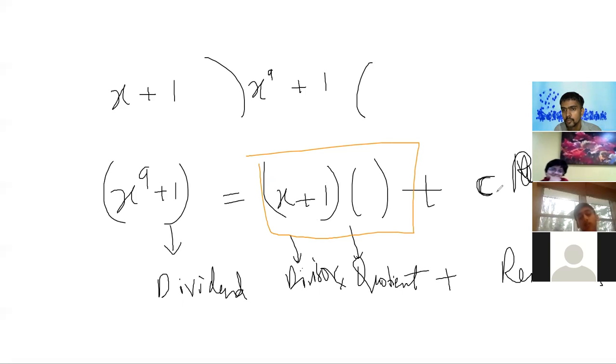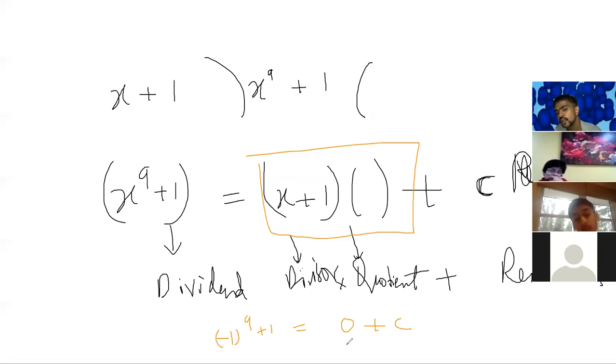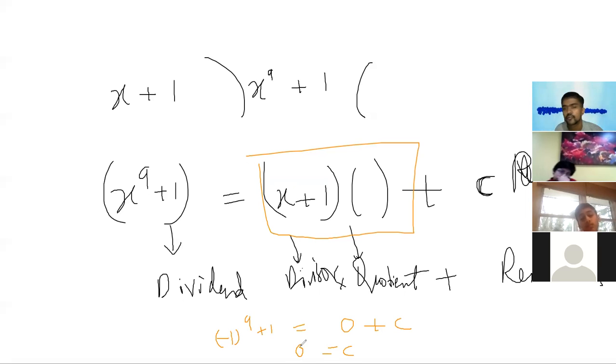So 0 plus c is minus 1 power 9 plus 1, correct? So what does it mean? c is equal to 0. But what was c? c is the remainder.